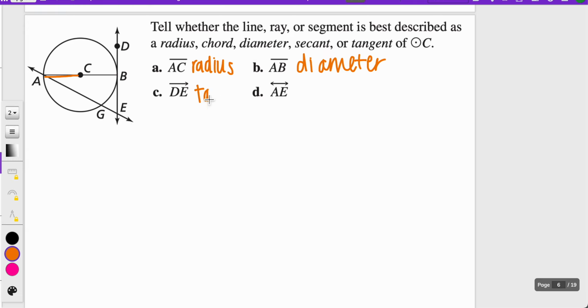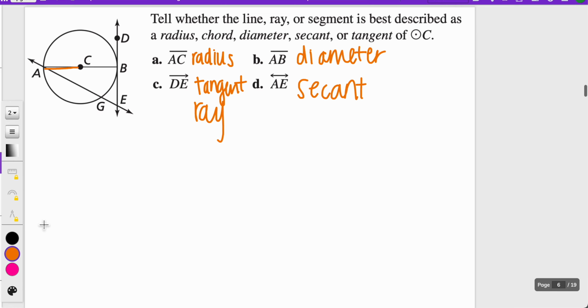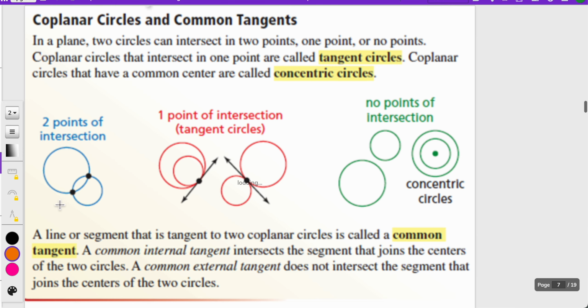This is a tangent ray. And then segment AE, that one will be called a secant. We didn't see a chord, but if we wanted to use a chord, we could say segment AG could be a chord.